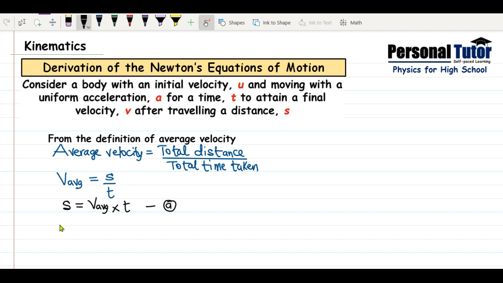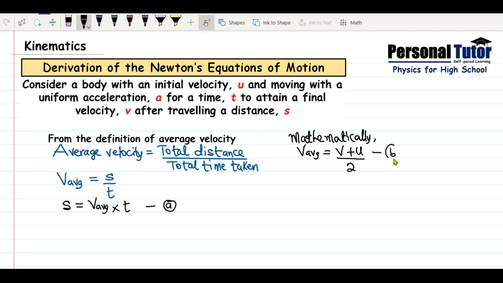If you have 3 quantities, you sum them up and divide by the 3 quantities. So we can also say mathematically, average velocity, meaning you have to sum up the 2 velocities, that is initial velocity and final velocity. So I can write v plus u divided by the number of quantities, which is 2.